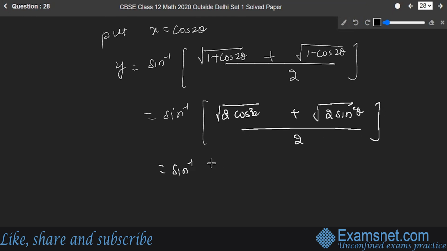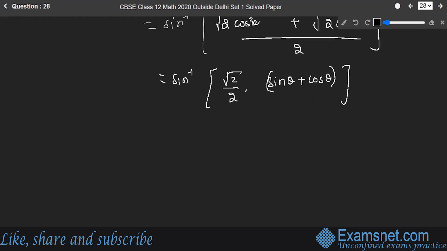Root 2 will be taken outside, and we have sine theta plus cos theta over here. So now this will be equal to sine inverse.